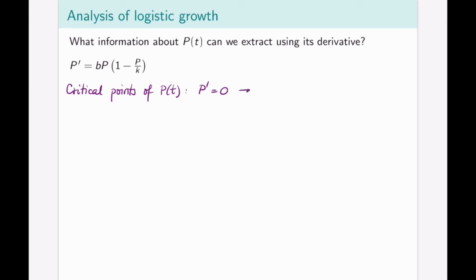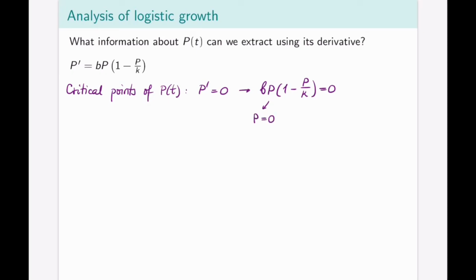That means that my right-hand side of this equation needs to be 0. BP times (1 minus P over K) is equal to 0. And here we have a product of two things equal to 0, which means that either the first thing is 0 or the second thing is 0. It's not hard to figure out that the first thing being 0 only happens when P is 0.